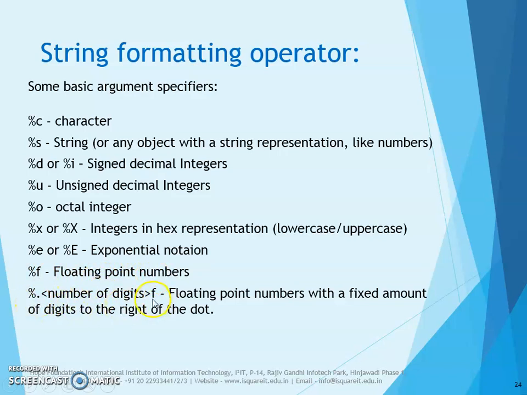If there is a floating point number and we want to display the data with a fixed number of digits after the dot, then we use %, dot, and we can write a number over here, and f, that is for floating point numbers.